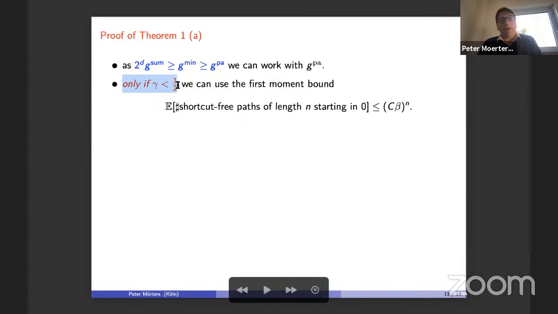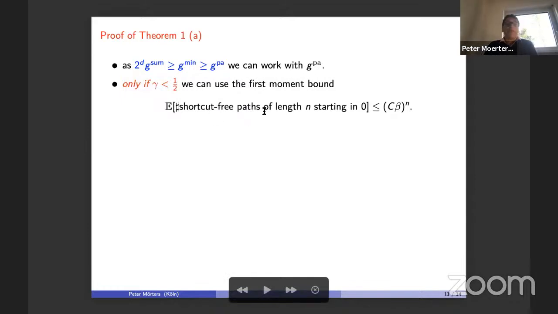Okay, if gamma is bigger than a half, we still want to show existence of a subcritical phase, because we want this regime to reach until delta over delta plus 1, which can be significantly bigger than a half, and then this strategy doesn't work.